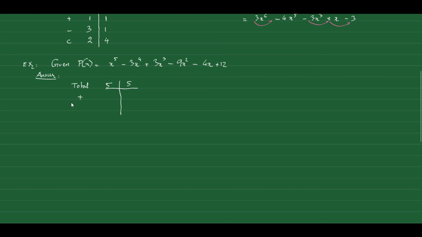And how many positive? Let's see how many times it's changing. 1, 2, 3. 3 times changing, it should be 3, right? 3 minus 2 could be 1. Oh, no, 4 times.